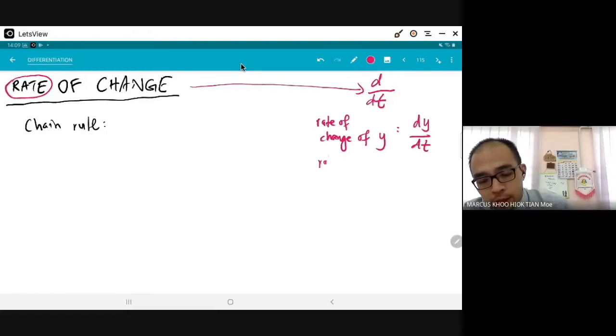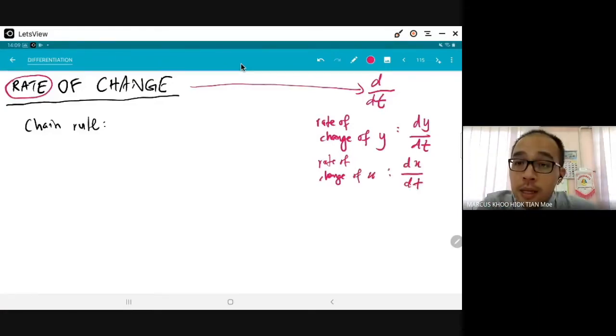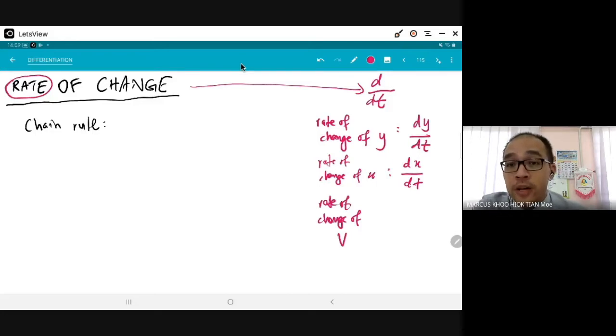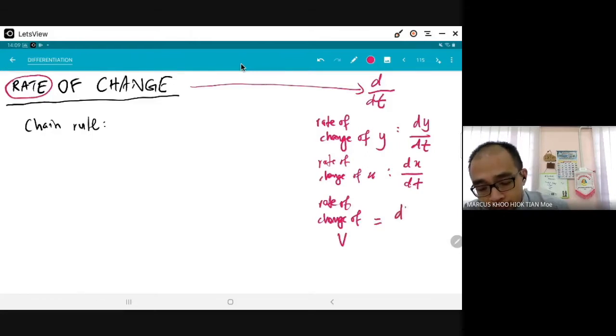Okay, the rate of change of x will be dx dt. Okay, and you can virtually use that for any letter. Okay, if I want, let's say, rate of change of volume. Okay, let's say volume now. So yesterday we talked about volume and area questions, right? So the rate of change of volume will be dv dt.